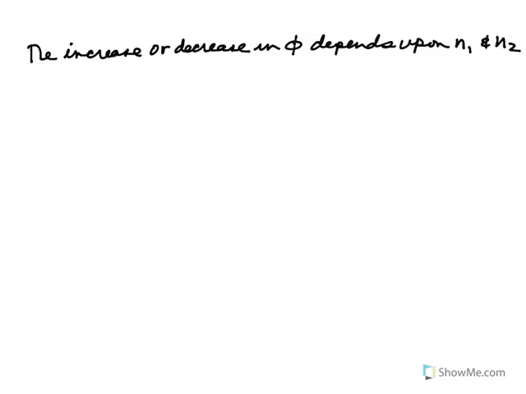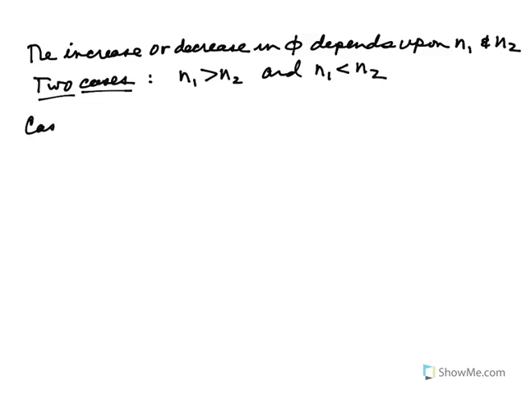So there are two cases. The two cases are n1 is greater than n2 and n1 is less than n2. So we're going to look at each of these cases now. So case 1 is n1 is greater than n2.